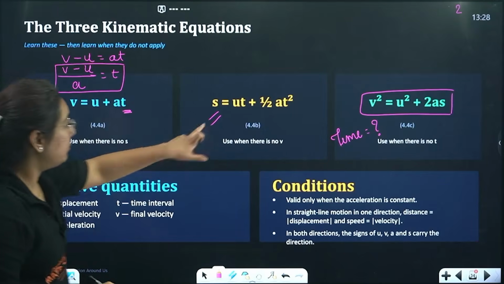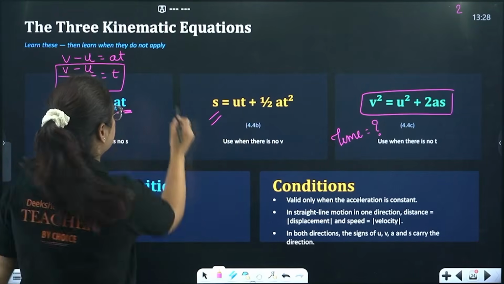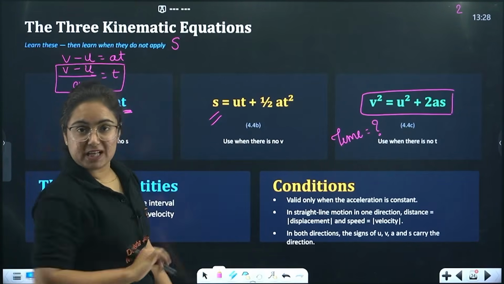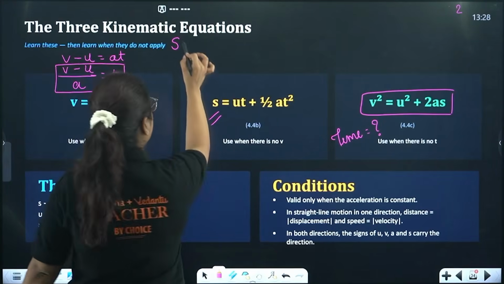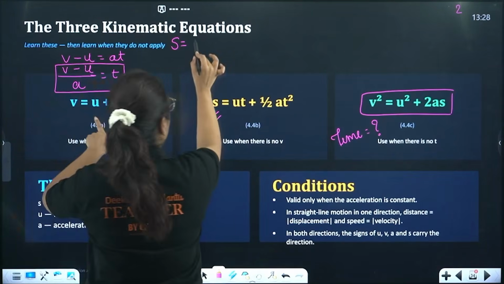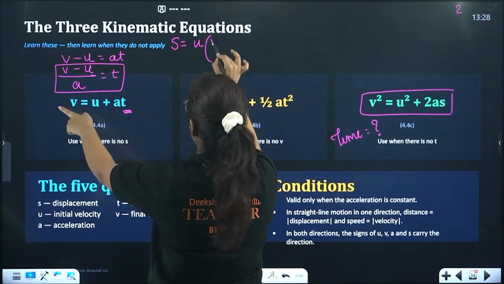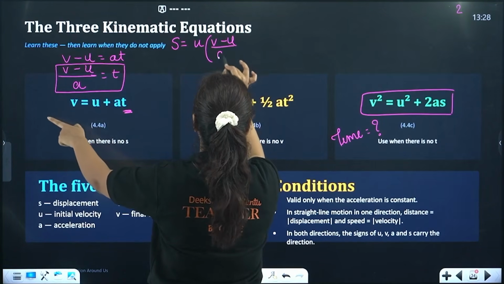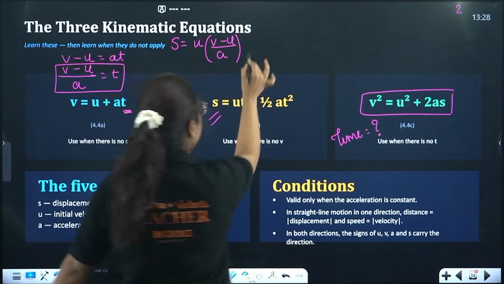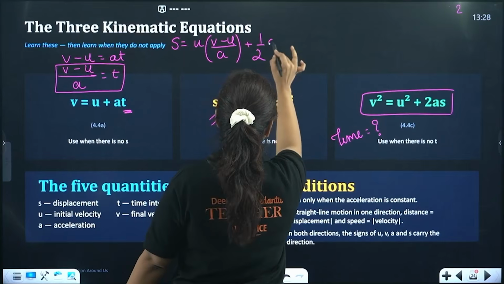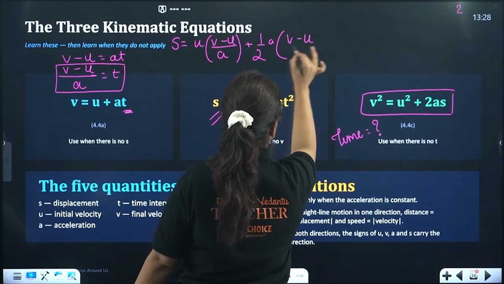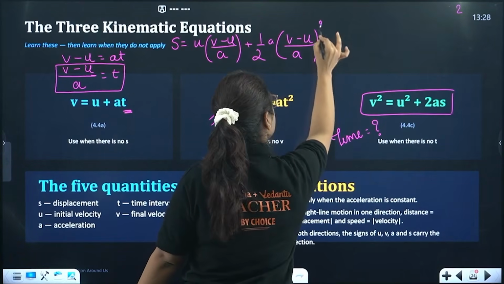What if we put the value of time in this equation, to find the displacement when time is not given? So it is U, the value of T will be taken from here, that is V minus U upon A, plus half A, (V minus U upon A) whole square.